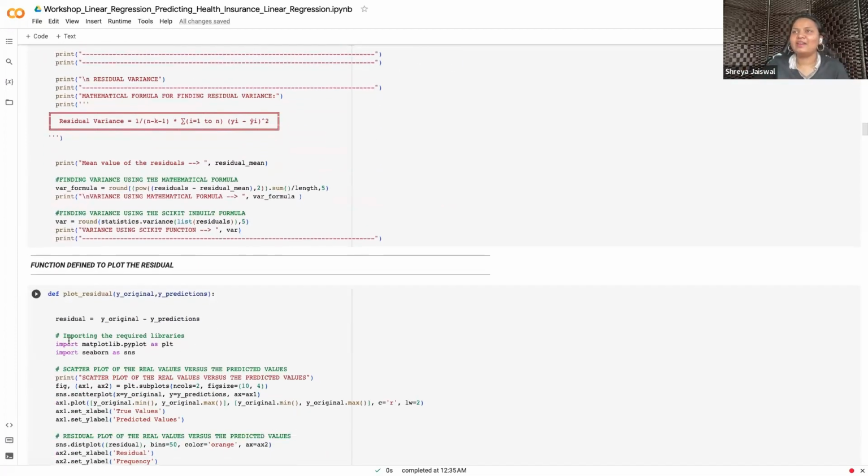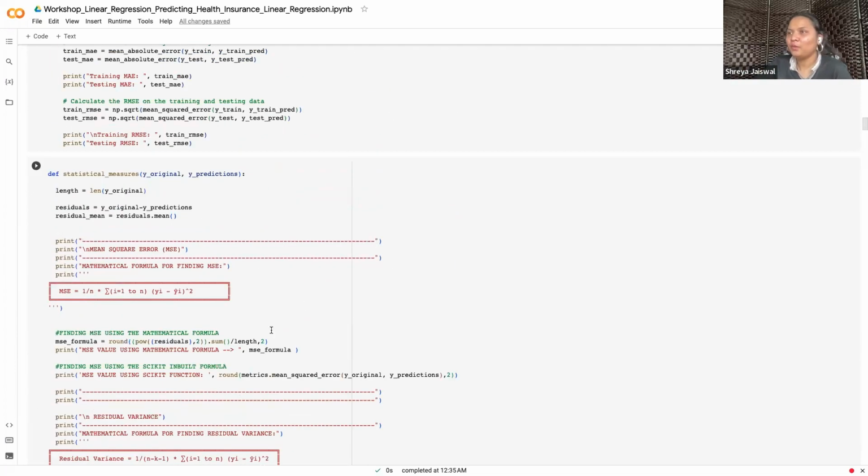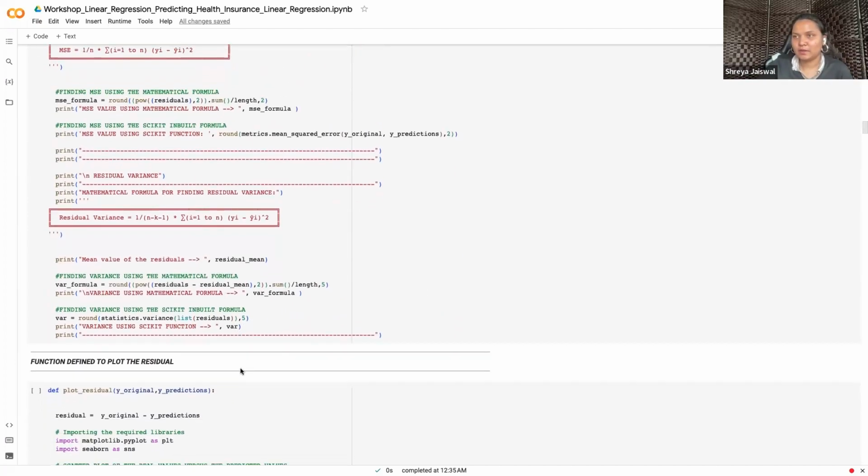But in order to understand it in a better way, I have tried to define my own function using the formula, and then I've tested it using the inbuilt function to see whether my understanding of the calculation matches what the Python library is providing. We'll be seeing that as well.